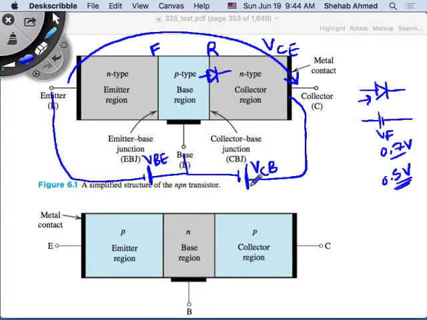I do not want it to be forward biased in the active region, but I have a mode of operation that I can create. If my circuit makes this diode forward biased, then I've entered a different mode. It's called saturation mode. In saturation mode, this device is forward biased. When does this happen?